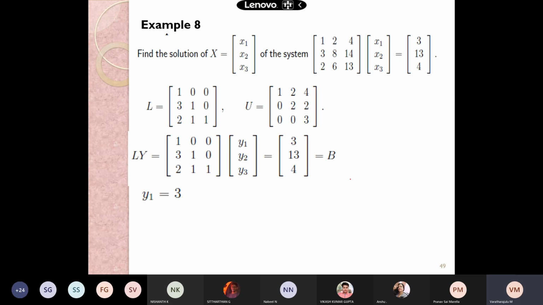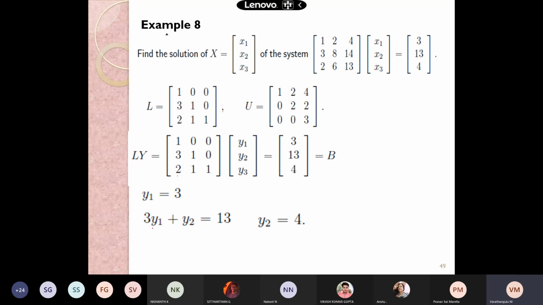Now see, my L into y, this is my lower triangular matrix. I am going to find the values of y instead of x. I am going to find an intermediate solution, called y. Here Ly = b, and multiplying these out, y1 is equal to 3, and 3y1 + y2 = 13.